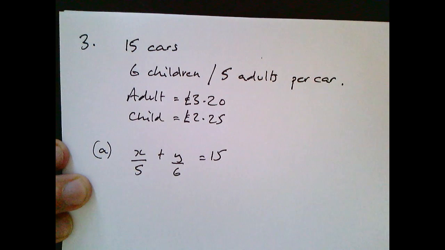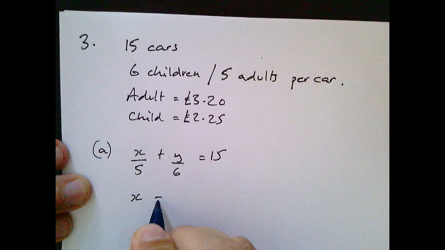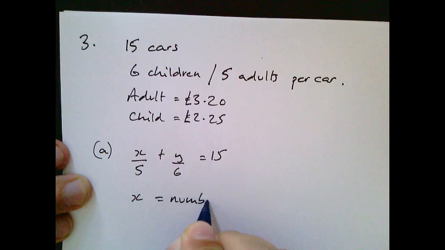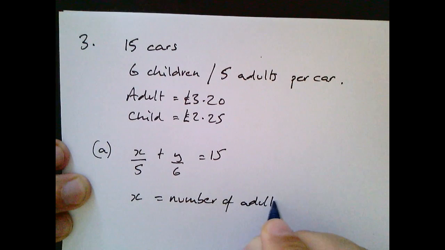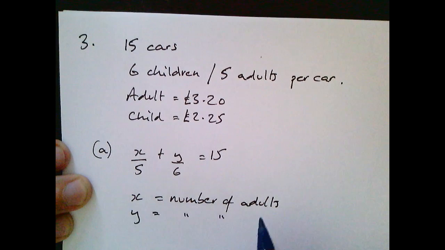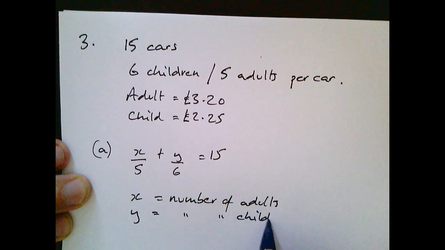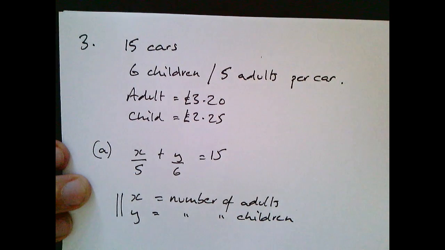And in fact, if we say x is the number of adults and y is the number of children, that's actually the answer.